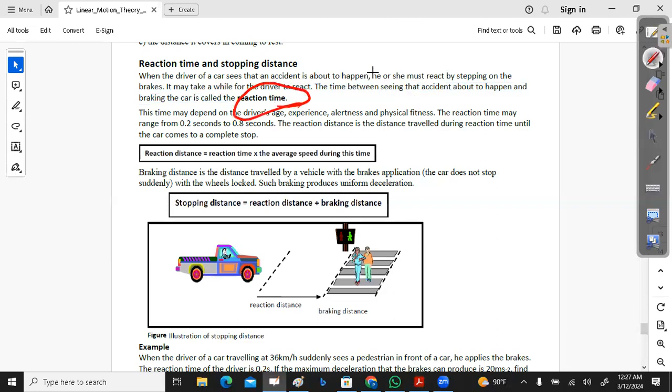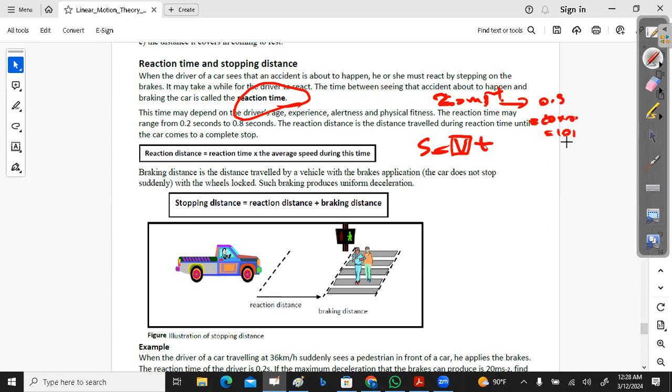If the reaction time is very big, it is not good, because we know s equals vt. Velocity is constant if you are moving at a steady speed. Say you travel at 20 meters per second and it takes 0.5 seconds to react: 20 times 0.5 means 10 meters.